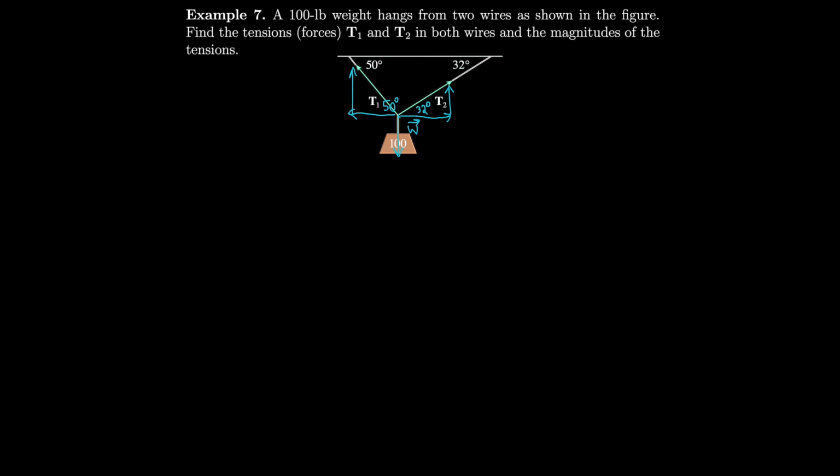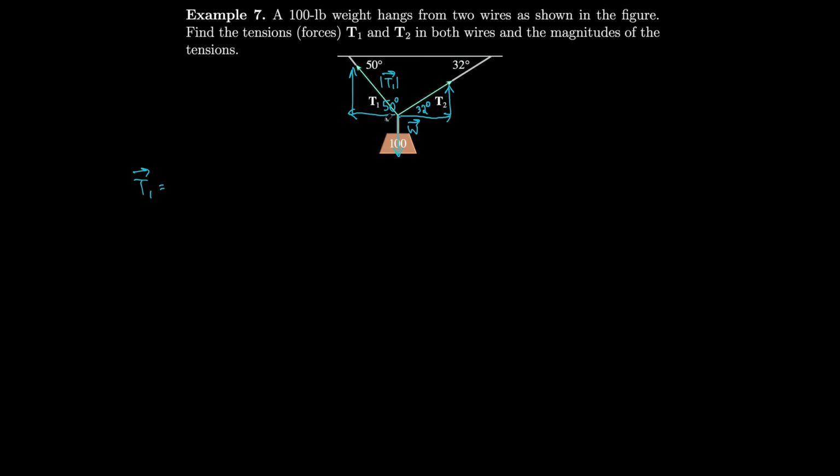So this means that I could write T1 equal to however far I go over here times i, and however far I go up here times j. So I just need to know how long this thing is. So let's see. If this over here is the hypotenuse of this triangle, then the hypotenuse is the length of T1, just the length of the vector.